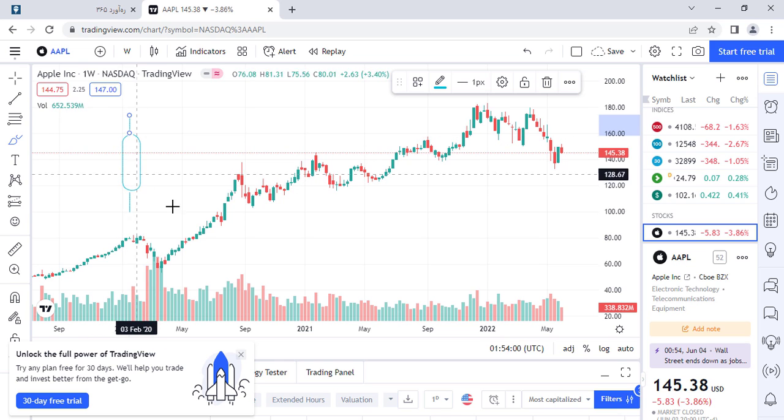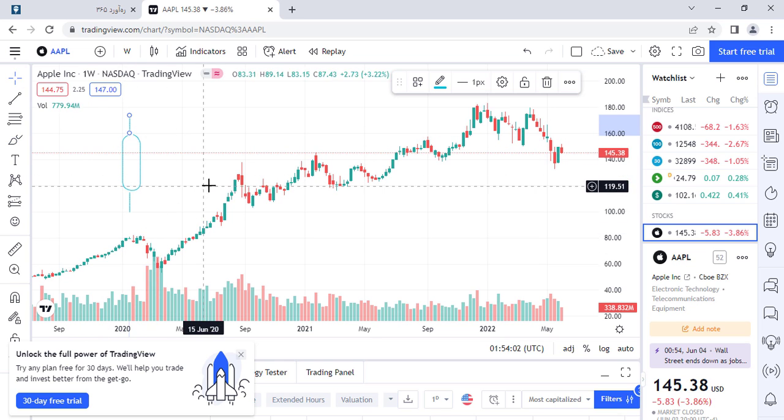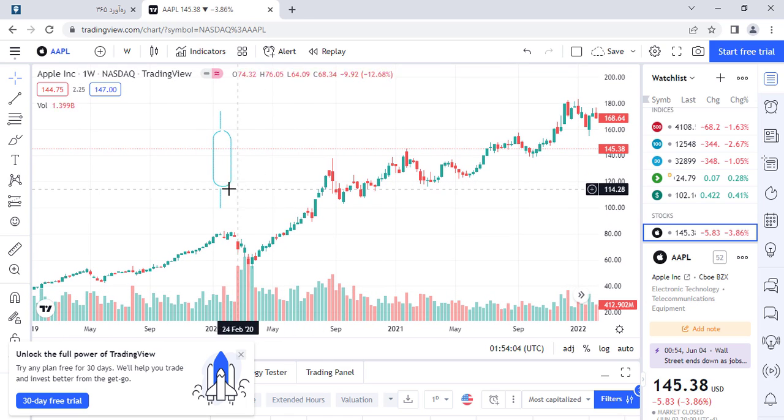A green candle, in which the price increases. In the lowest part of this candle, here in this point, $116, for example, price starts a movement.